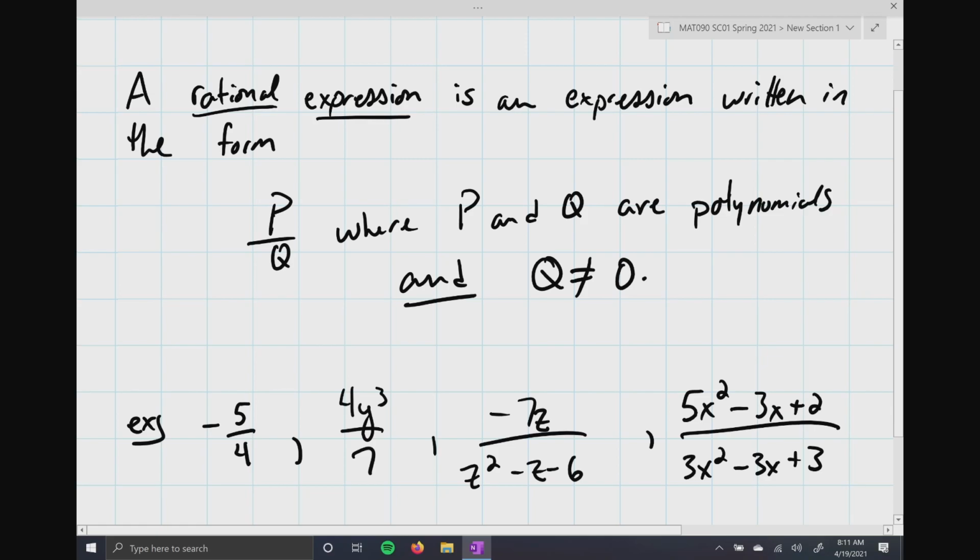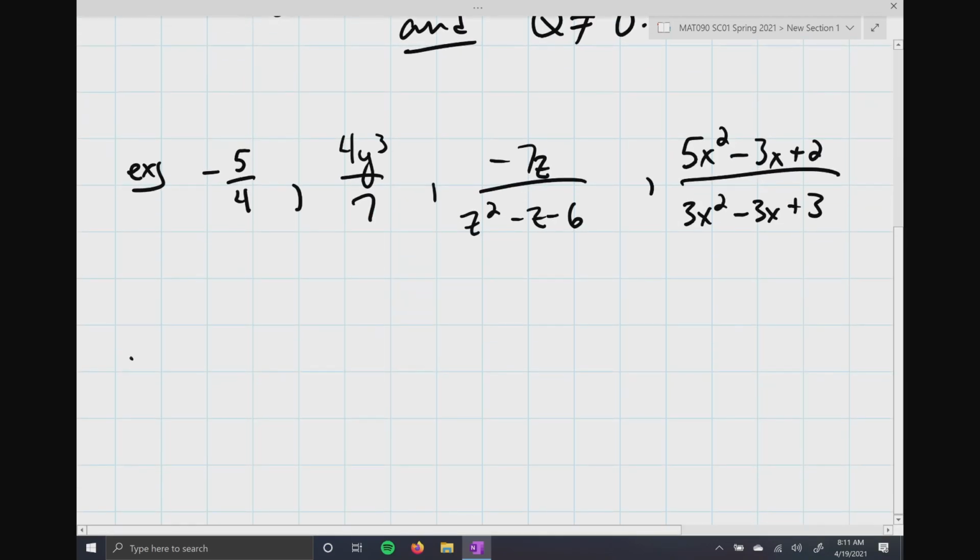Okay? Also, when we're looking at, let's say specifically the -5 over 4, you got to remember that negative really doesn't matter if it's in the numerator or the denominator or if it's written out front, right in the middle. All right?